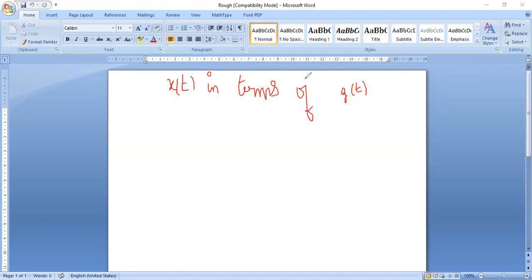Already we have solved one problem based on this, and this question I have seen in almost all the question papers. This question was repeated. So let me solve here.